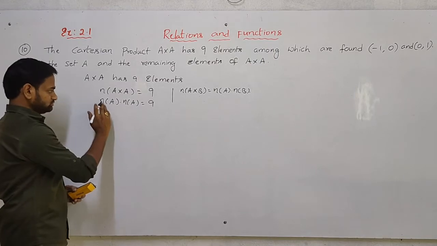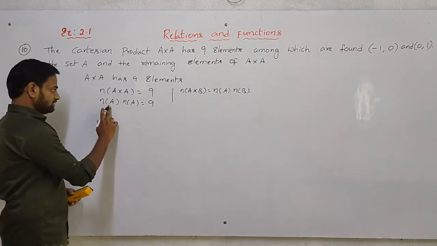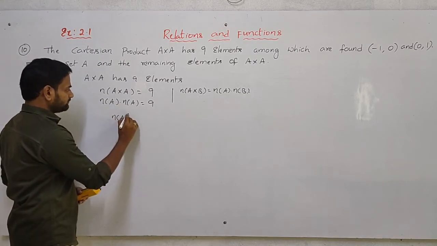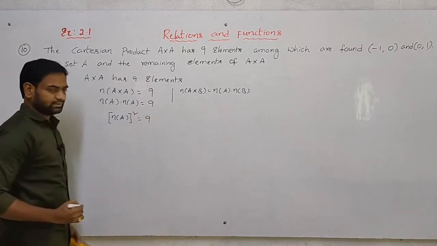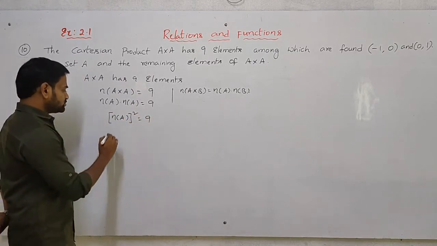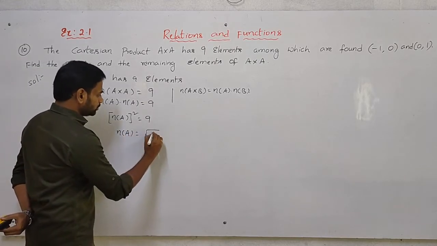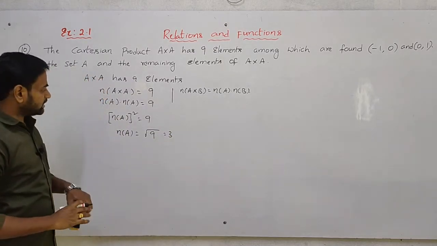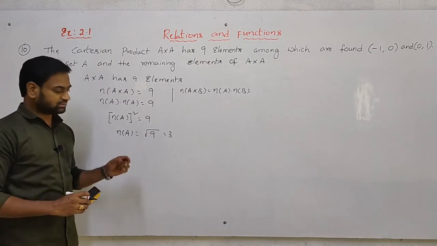So n of A into n of A, that is n of A whole square, equal to 9. So from this one, n of A equal to root 9, which is 3. So n of A equal to 3 means, what is the meaning here?